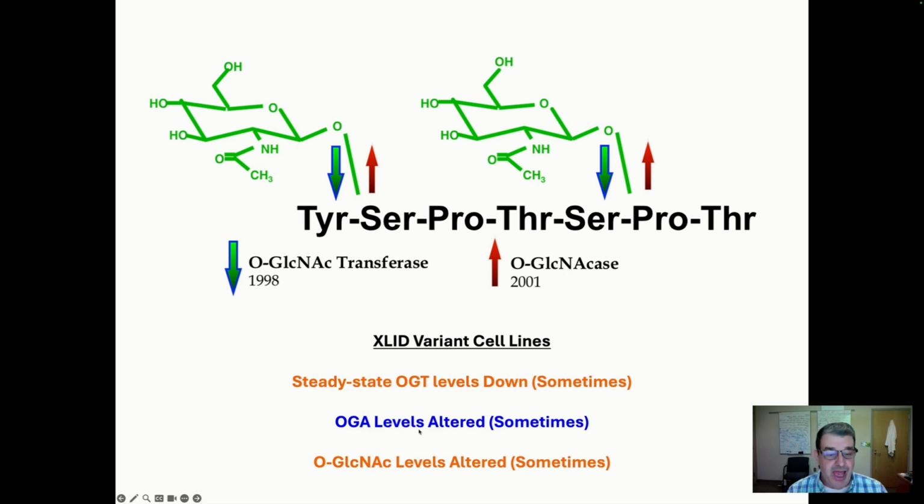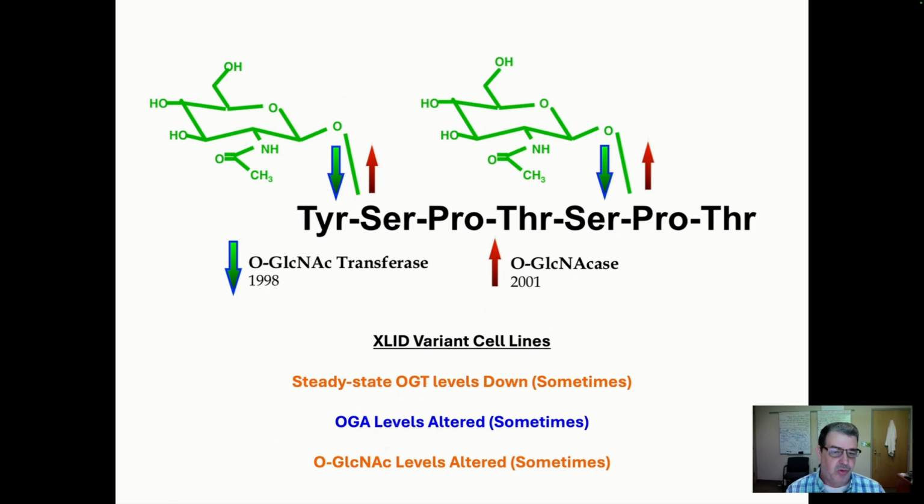Sometimes OGA levels are altered. There's no mutation in OGA, but it's trying to compensate for a change in OGT activity. And then finally, O-GlcNAc, this modification that occurs on hundreds and hundreds of proteins in your cells, those O-GlcNAc levels get altered sometimes.